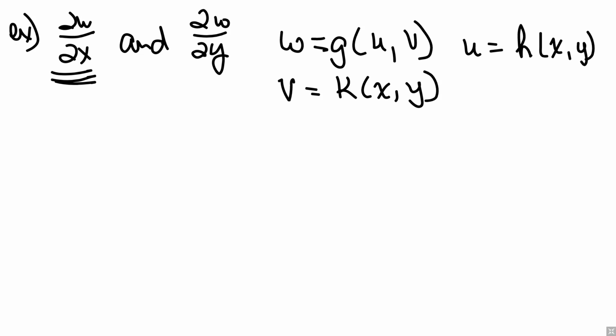For that particular tree diagram, what's going to be at the top? What variable are we going to have on the top? It's going to be w. What variables go in the middle?